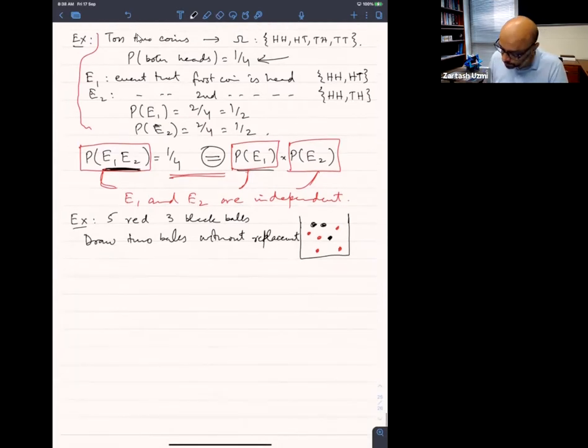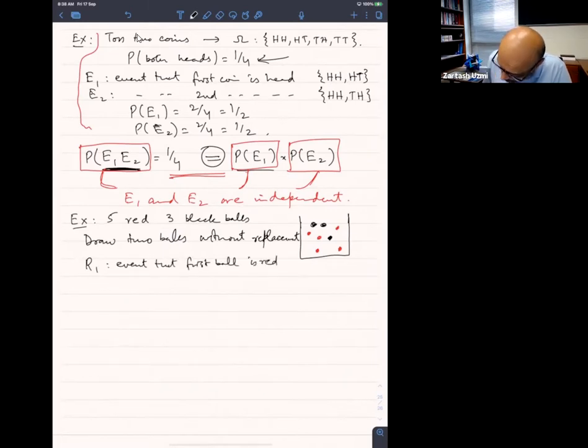So I'm going to ask this question. Let R1 be the event that the first ball is red. B1 is the event that the first ball is black.